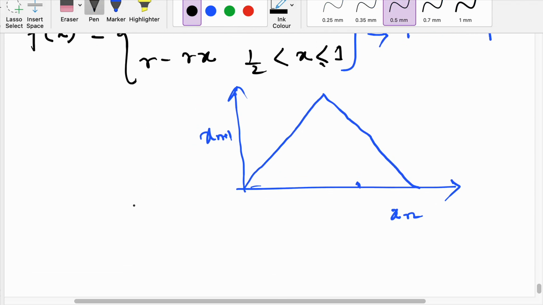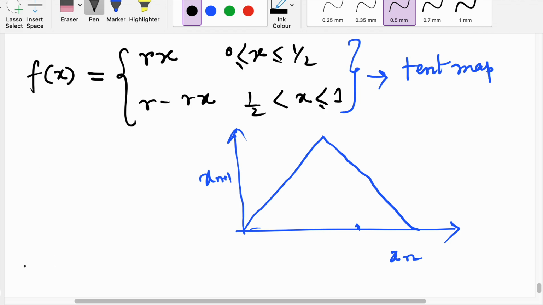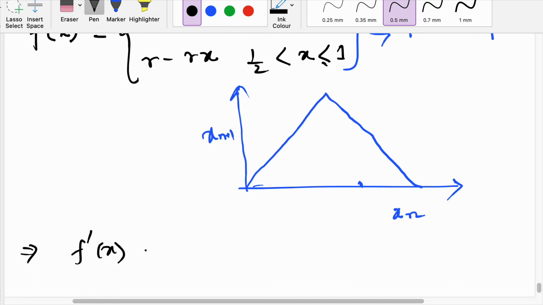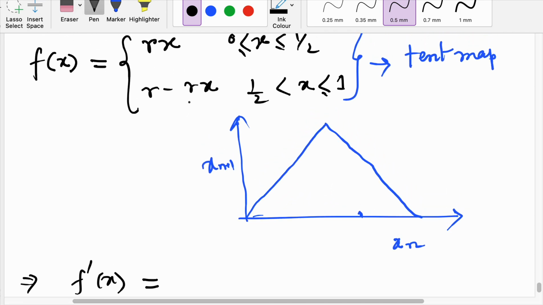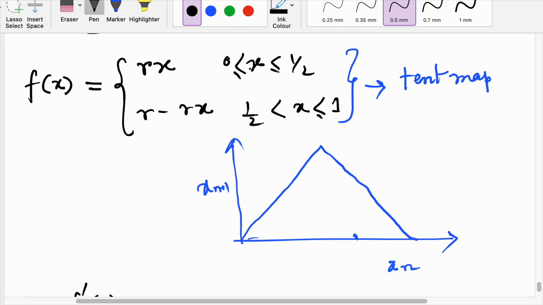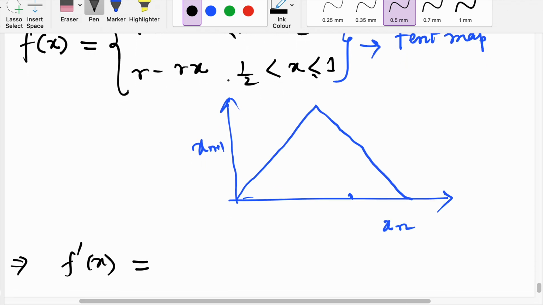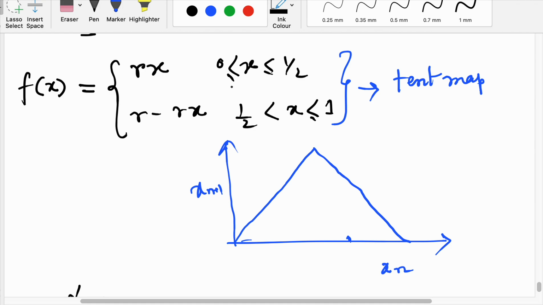First we have to take the derivative. So let's differentiate it. You see f prime x actually does not depend on the value of x, from where we are starting it doesn't depend at all.